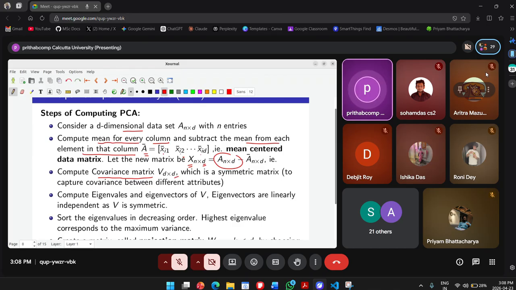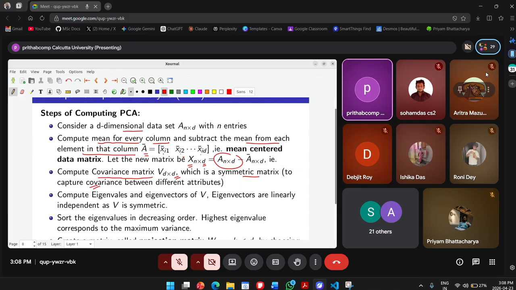Obviously, as you all know, the covariance matrix is a symmetric matrix. What we capture here is the covariance between the different attributes. So possibly you can relate now: I was talking about capturing the maximum variance, and this maximum variance is actually related to this covariance.